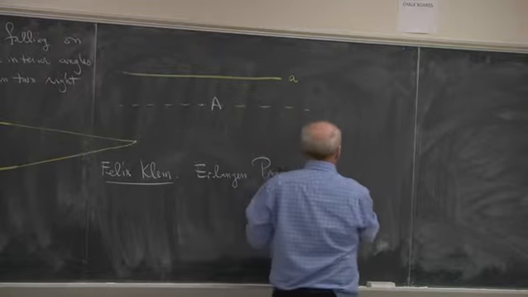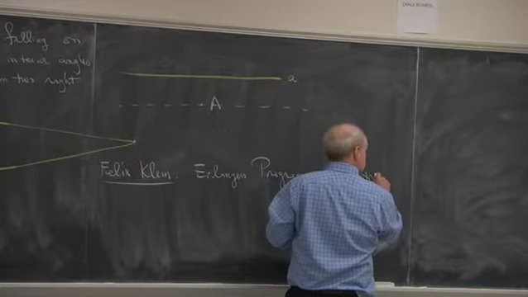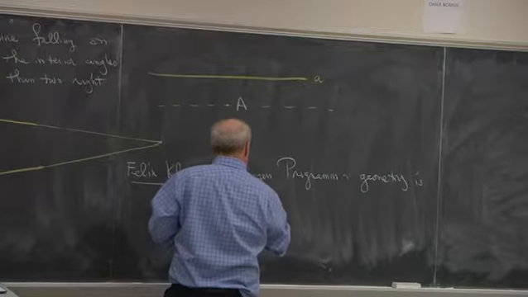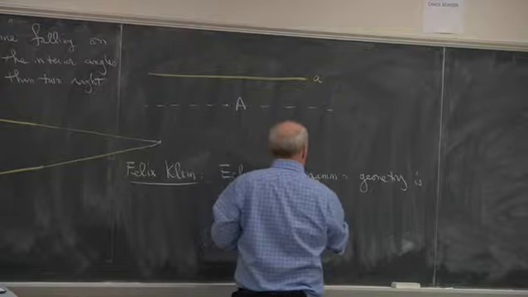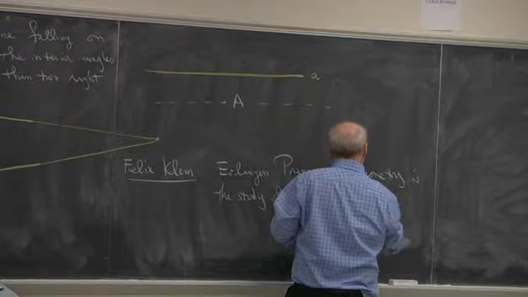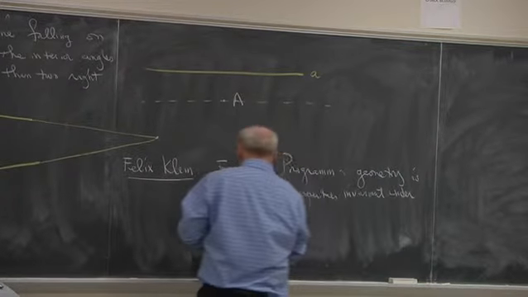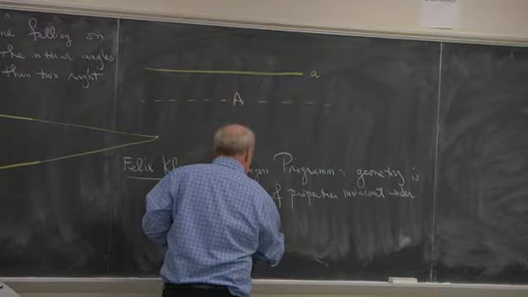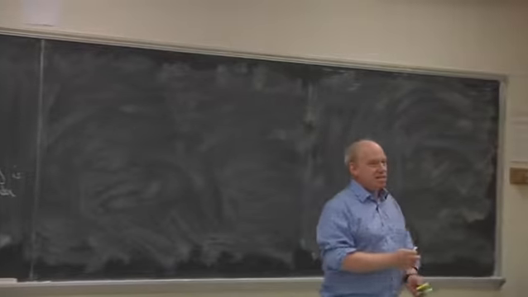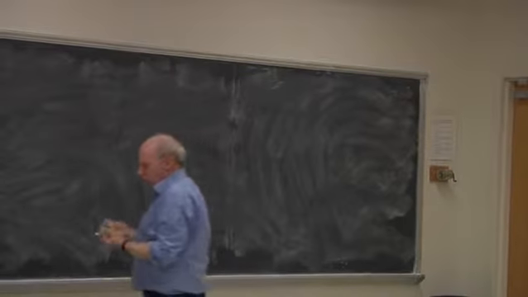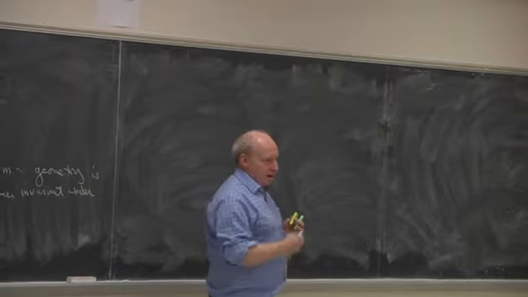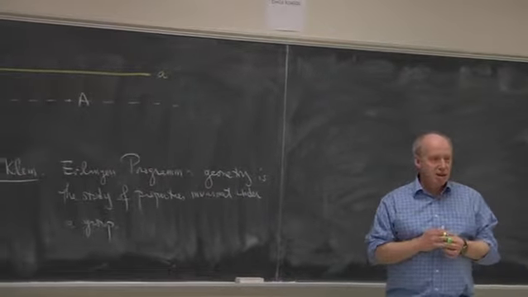He said that geometry is the study of properties invariant under a group. So he put the idea of a group of symmetries as primary in studying geometry, and the geometry should be specified by telling what the group is, and then you study properties invariant under that group.